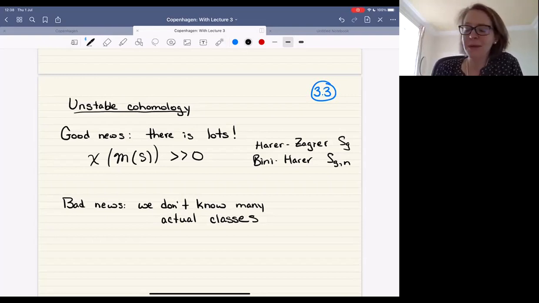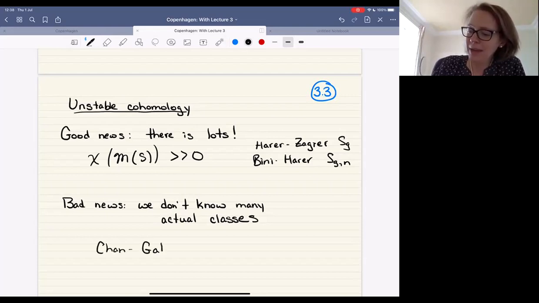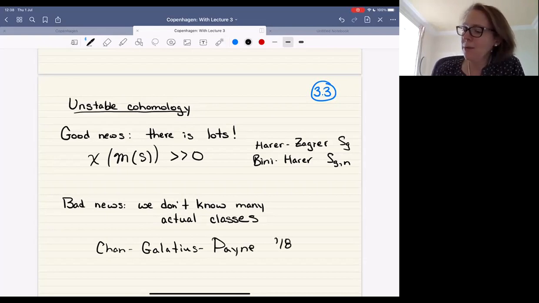But in terms of any actual classes, we know very, very little. So one thing we do know, and I guess this is going to be my get out of jail free card throughout the talk, I'll refer you to Soren. We've been hearing about this already. The one family of classes that we know about comes from Chan, Galatius, and Payne.